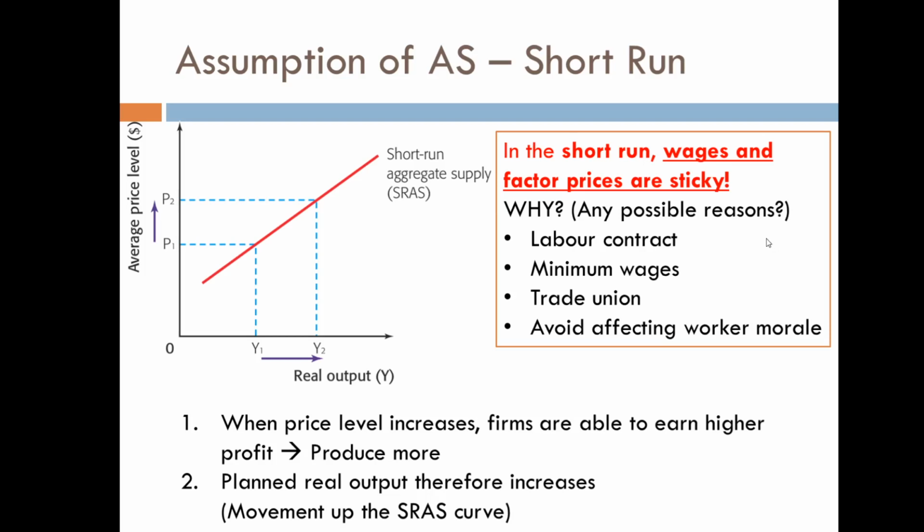But because of this assumption, we assume in the short run the wages and the factor prices are very sticky. So it's very difficult for them to adjust in the short run. If the price level is going up and the wages or the other costs stay the same, then we are going to expect the firms to be able to earn higher profit. You guys get it?